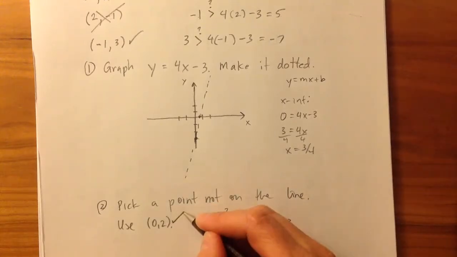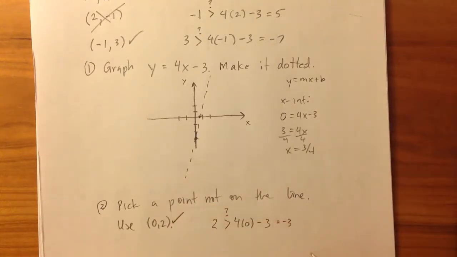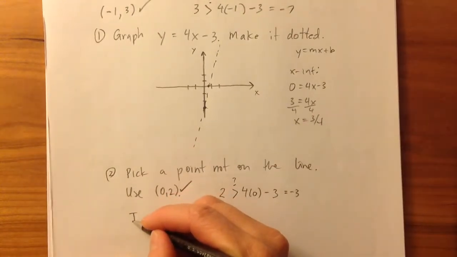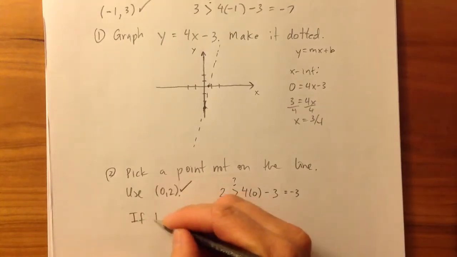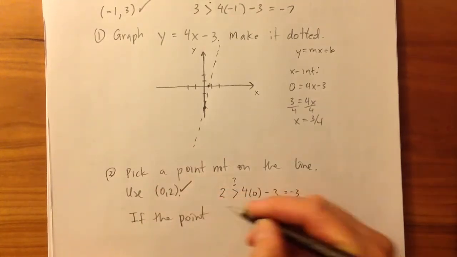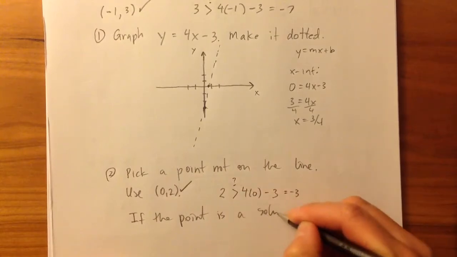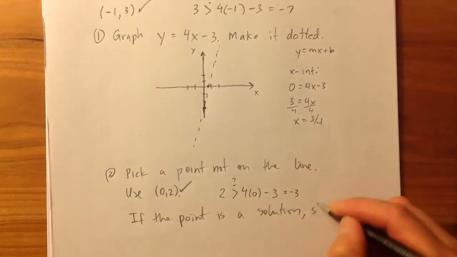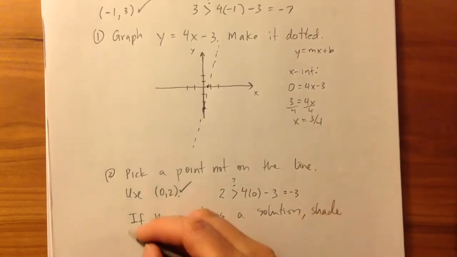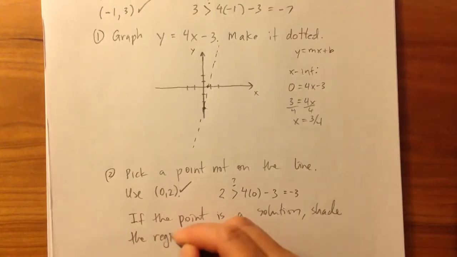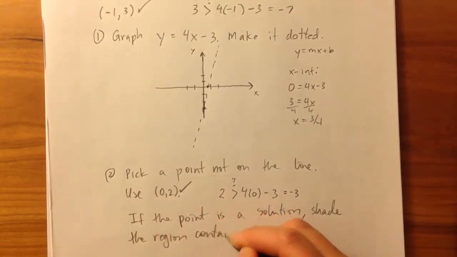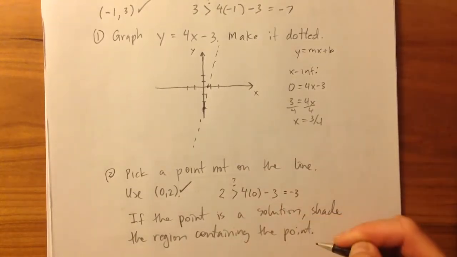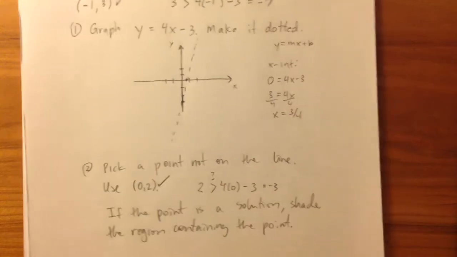So it means the point 0, 2 works. So in all cases, if the point is a solution, shade the region containing the point. If it isn't, shade the other region.